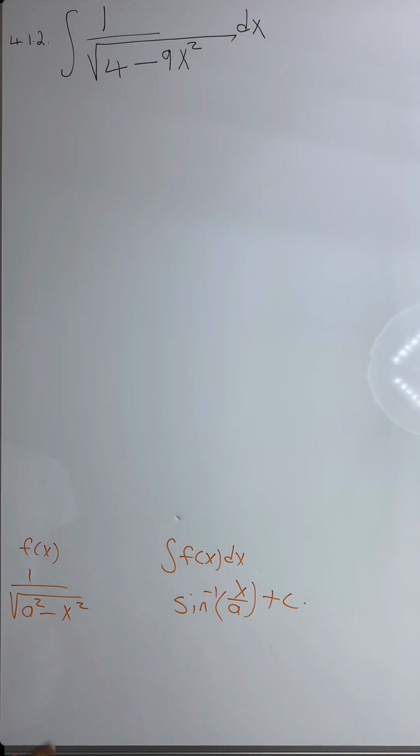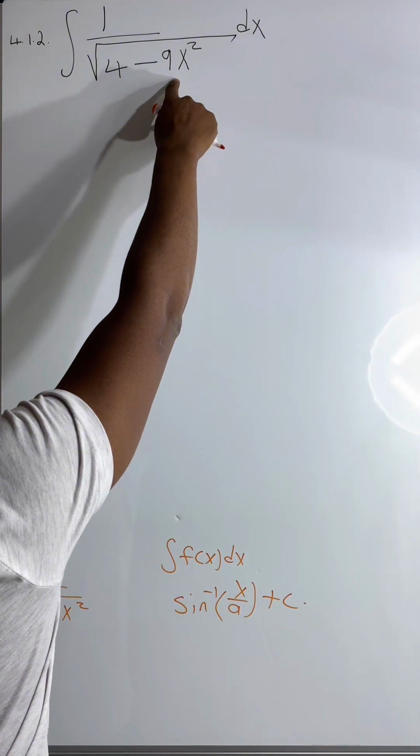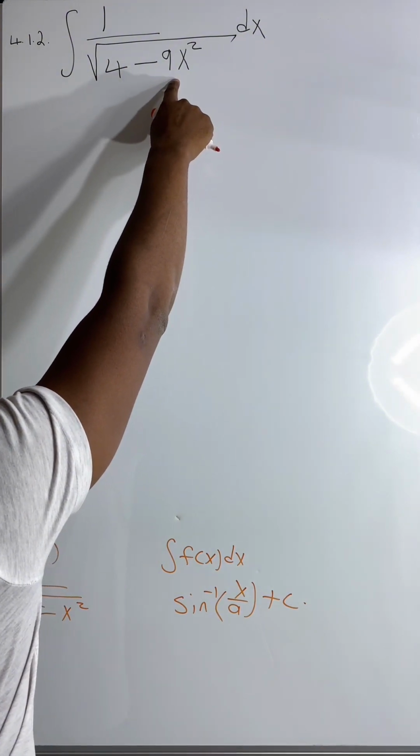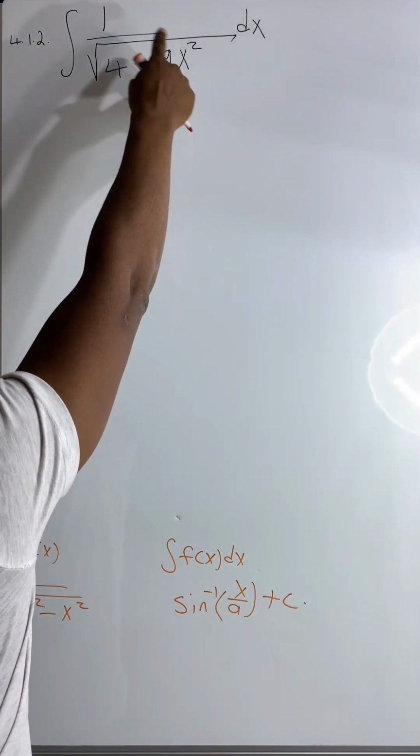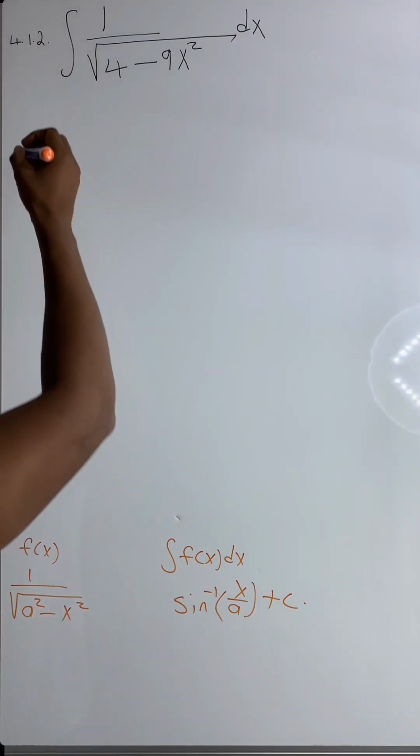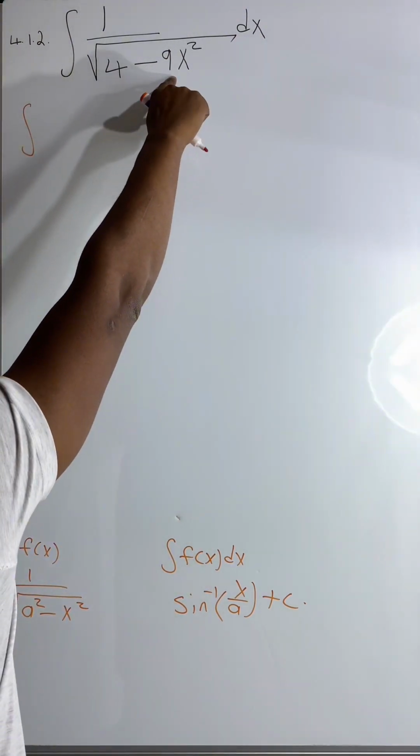On our formula sheet, we have -1 as the coefficient of x squared, but in this case, we have -9 as the coefficient of x squared, so we have to rewrite our integral in this standard form. So let's take out the 9 as our common factor.